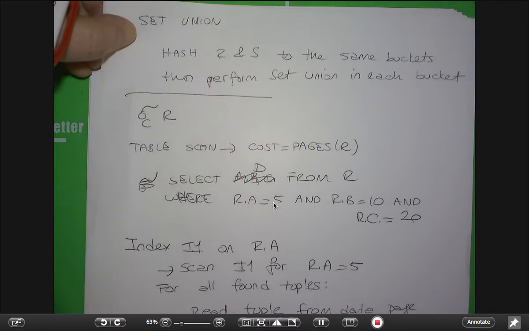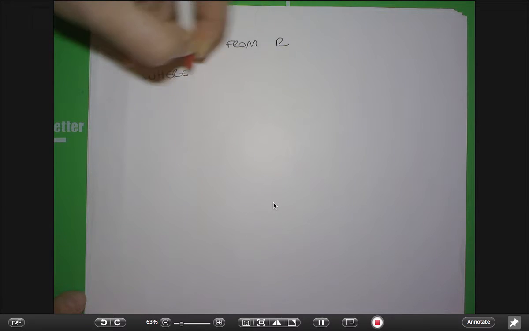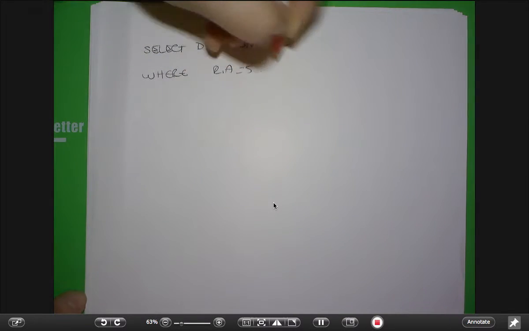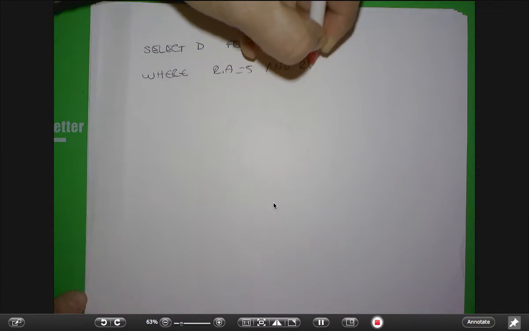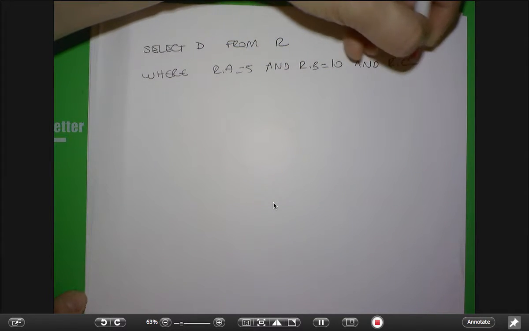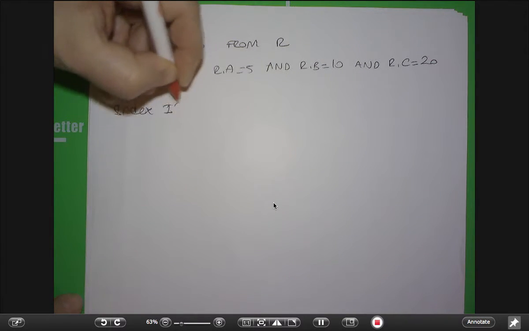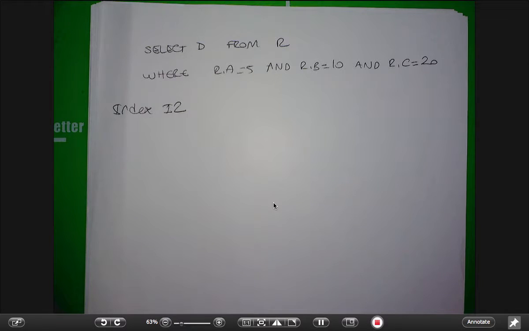So if I had the same query, but I have a new index, index I2, but the index is actually sorted as follows.